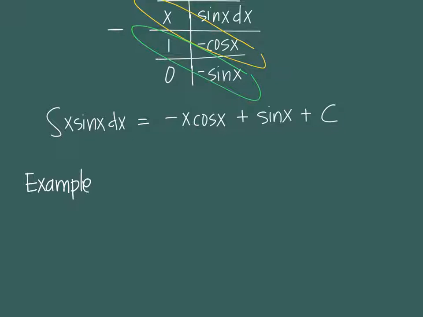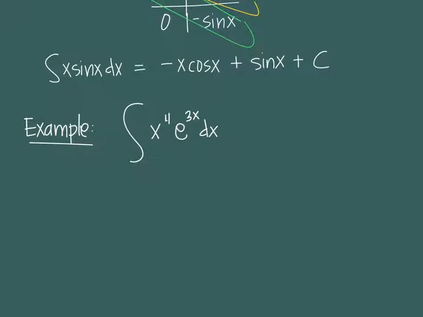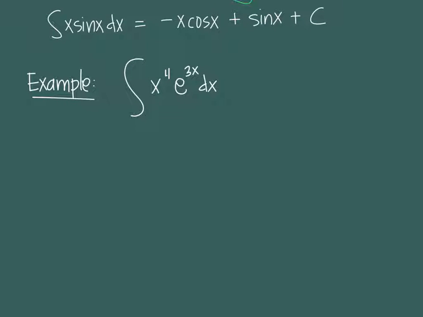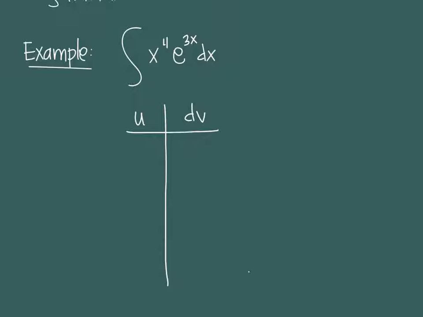All right, so here's one that's a little longer. The integral of x to the 4th and e to the 3x dx. Because our U choice is a polynomial, then we can do tabular integration. So U and dv. My U choice is going to be x to the 4th.